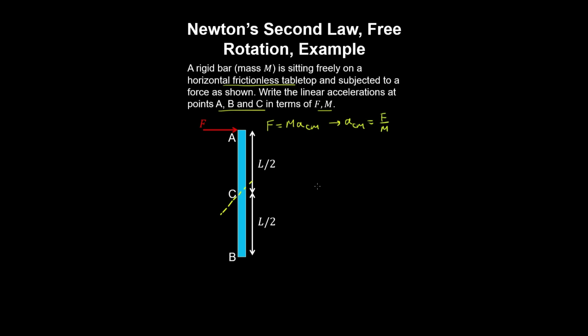And now we apply the rotational analogue of Newton's second law where the torque is taken about the center of mass, where the bar is free to rotate. So the torque, which is the force times the moment arm, is equal to the moment of inertia of the bar about the axis passing through the center of mass times the angular acceleration. And that gives us the angular acceleration of the bar.